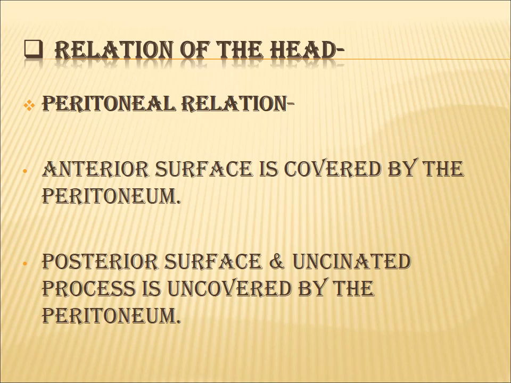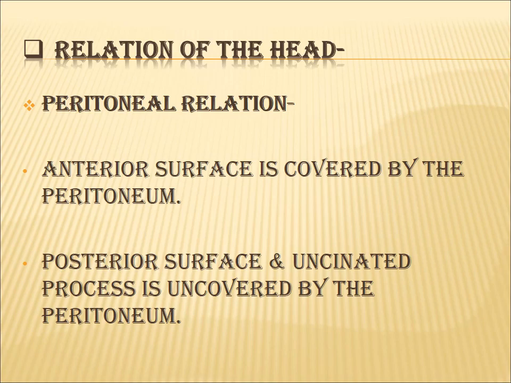Retro means behind the peritoneum. So when it is behind the peritoneum, its anterior surface will come in contact with the peritoneum, which is in front of it. Yes, so its anterior surface above the impression of the transverse colon is in relation with the peritoneum, and the posterior surface and the uncinate process are both uncovered by the peritoneum.